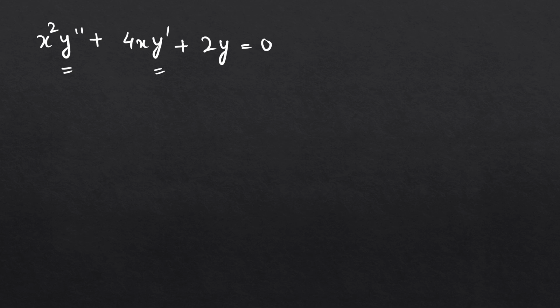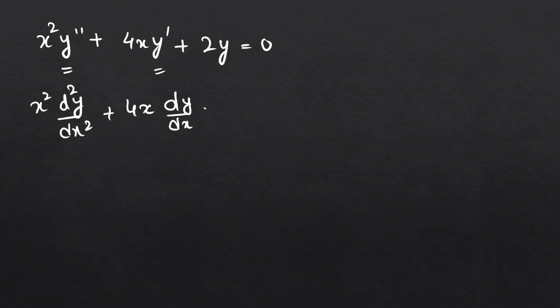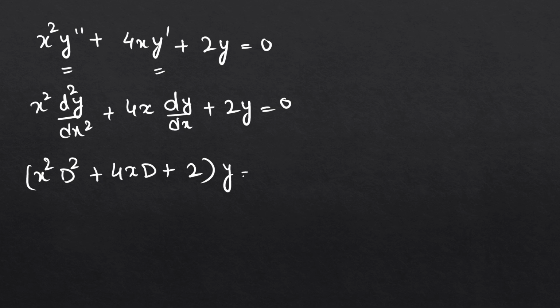So first of all, we will write it down as x square d square y by dx square plus 4x dy by dx plus 2y equal to 0. We will write this equation in symbolic form: (x square D square plus 4x D plus 2) y. We have done all these things in our previous videos, how to write symbolic form.